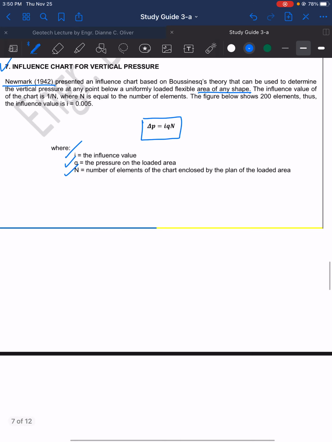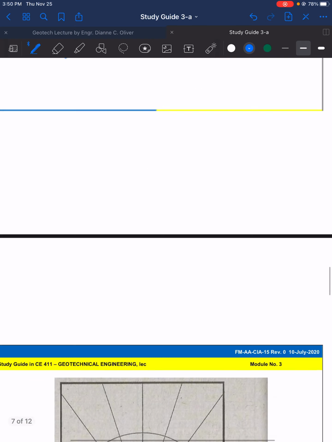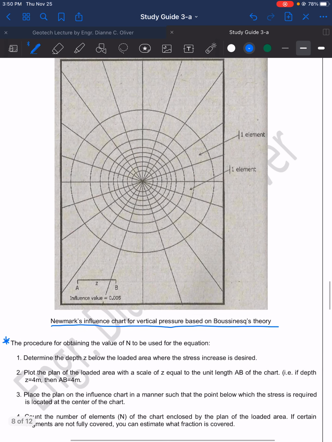So remember, this is the formula. Given I, then this Q here will be given. So all we need to do is to find the value of N, or the number of elements. So we need N, and we use this chart. How do we use this chart?